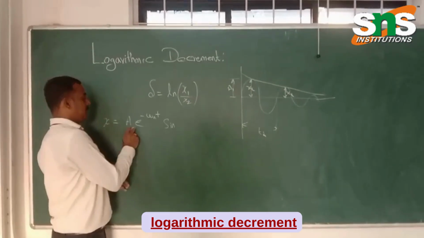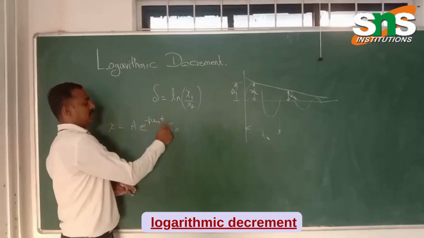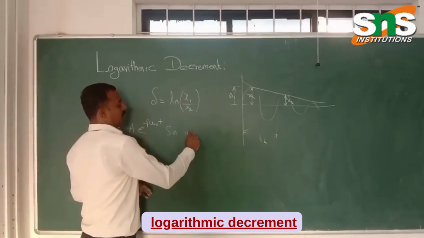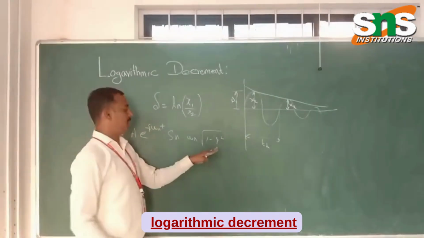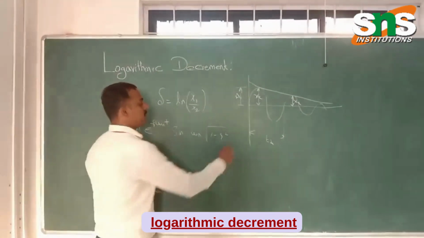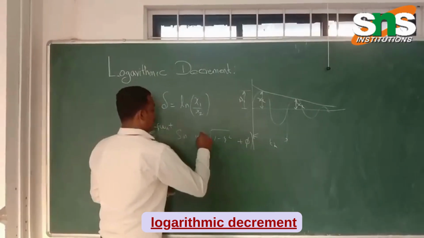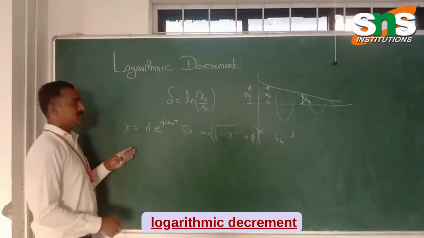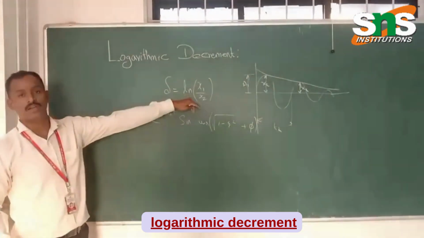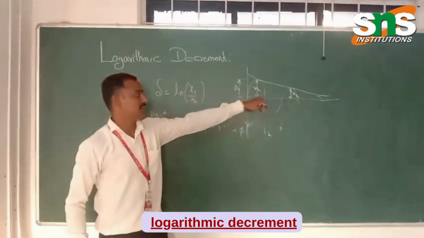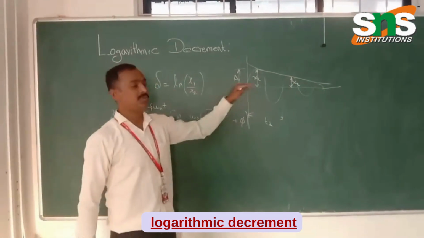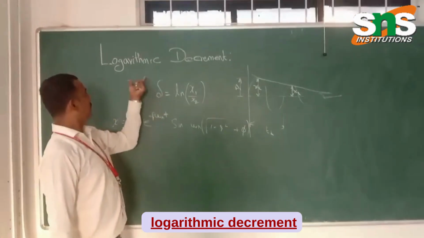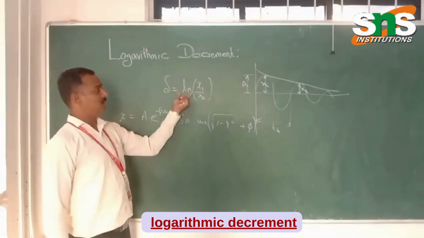The solution will be A e power of minus zeta omega n t and sine of omega n root of 1 minus zeta square t, because of the underdamped condition, plus the phase angle phi. Let us take this solution for each successive amplitude as the system decays over a period of time, and we are going to measure the decrement rate in terms of a logarithmic value.